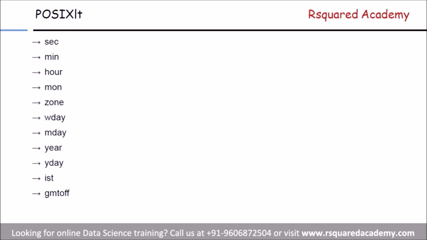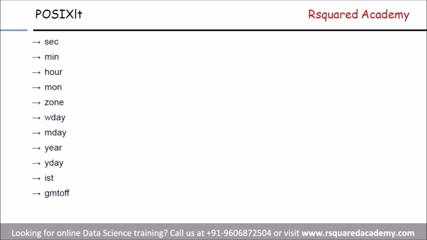So great. We'll end this section with a few tips, suggestions on when to use the date class or the POSIX CT or LT class. Now, use the date class when there is no time component. Only you have the date component, then you use the date class. When you're dealing with time and time zones, then you can use the POSIX classes, that is POSIX CT or POSIX LT.